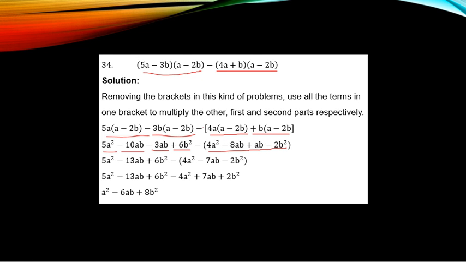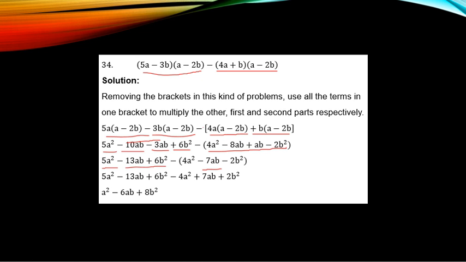Okay, so let's add common terms first. So you have 5a squared. If you add these two terms that are common, you have minus 13ab plus 6b squared. Then if you also add like terms here, the like terms there are minus 8ab plus ab, and that is minus 7ab.